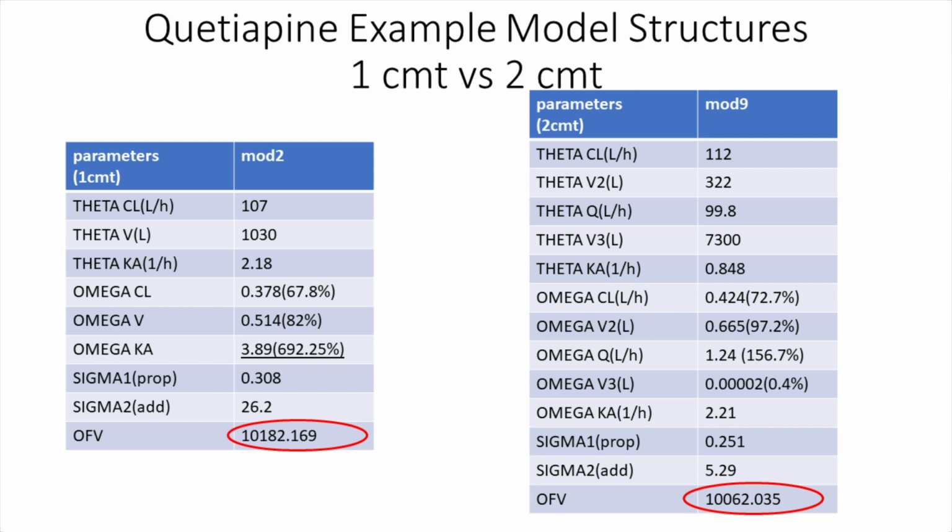But the 120 points on a chi-square, even for 4 degrees of freedom, is highly significant. So this would point us towards selecting a 2-compartment model structure. Now, this is in conjunction with evaluating graphical patterns, residuals, etc.